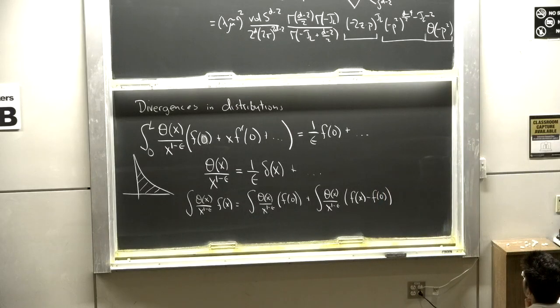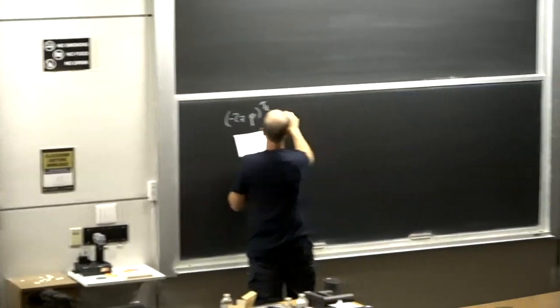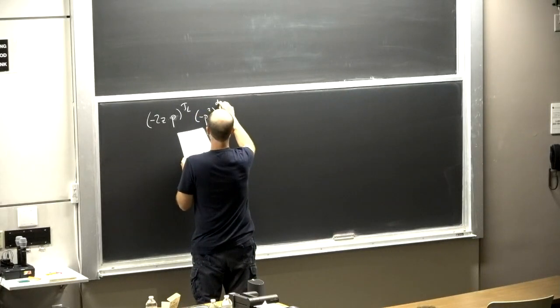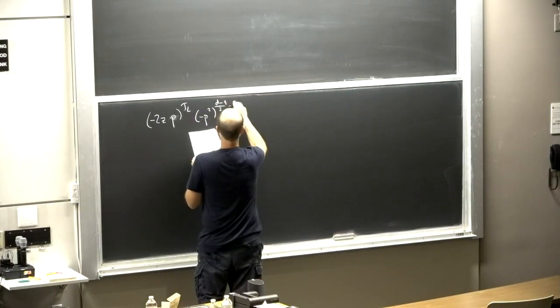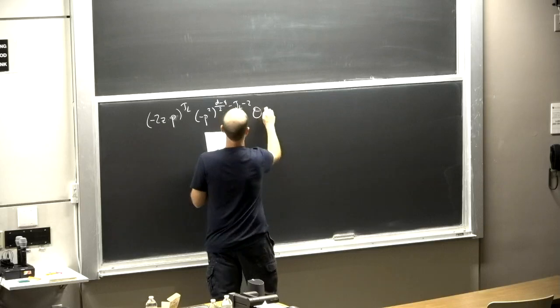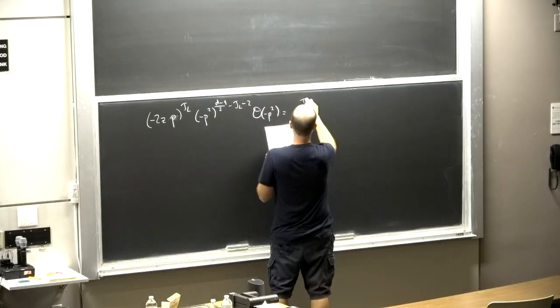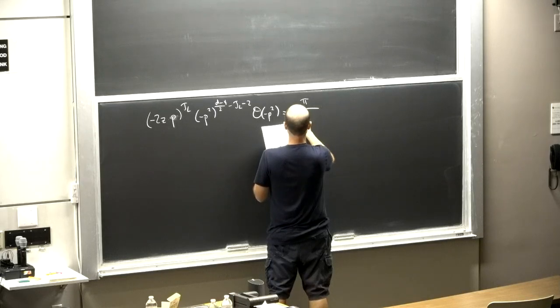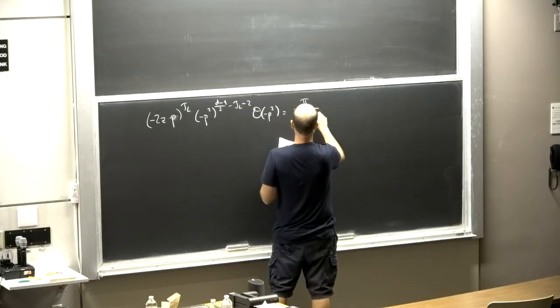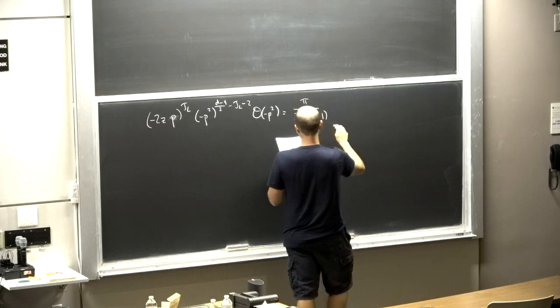So the claim is that minus 2z dot p to the JL times minus p squared to the (d minus 4) over 2 minus JL minus 2, times theta of minus p squared, has a pole in epsilon that looks like the following: pi over 2 epsilon times JL plus 1. Then here's the interesting part.